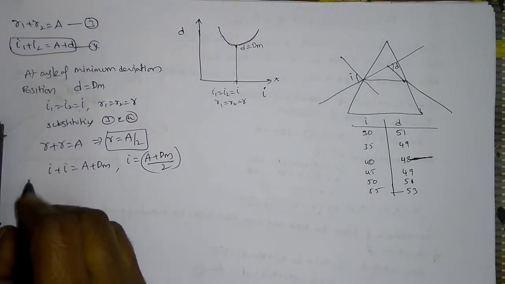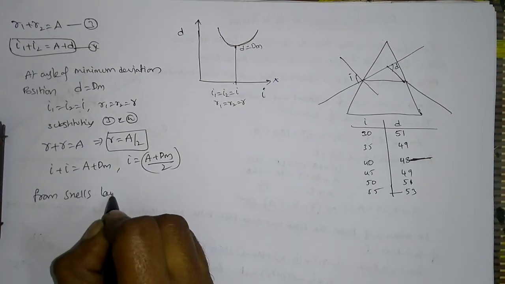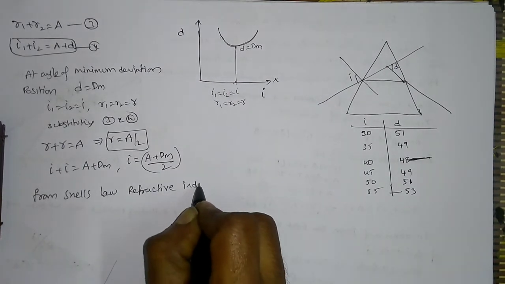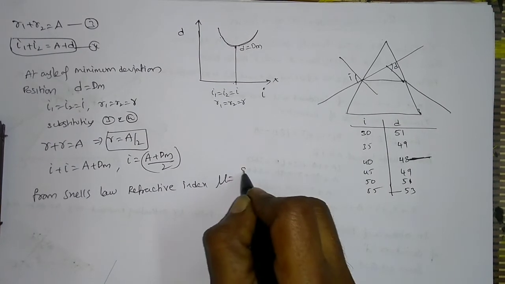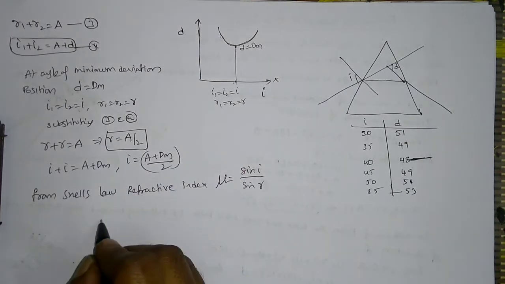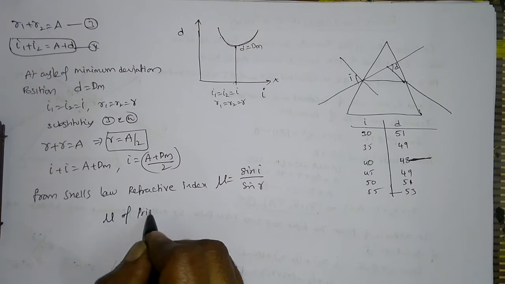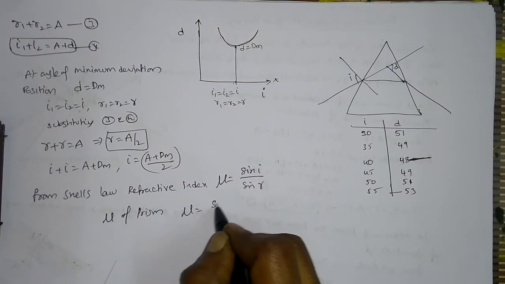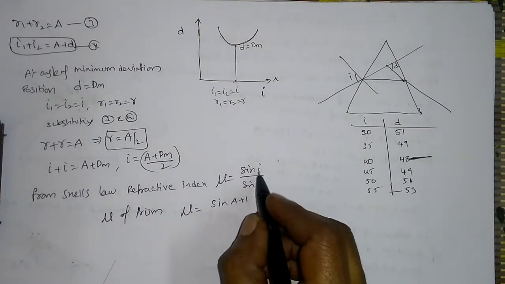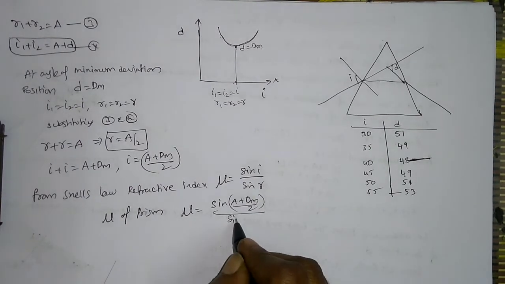But according to Snell's law, we know that the refractive index mu is equal to sine I by sine R. Simply substituting here, you will get the refractive index of the prism, mu, is equal to sine of (A plus Dm) by 2, divided by sine A by 2.